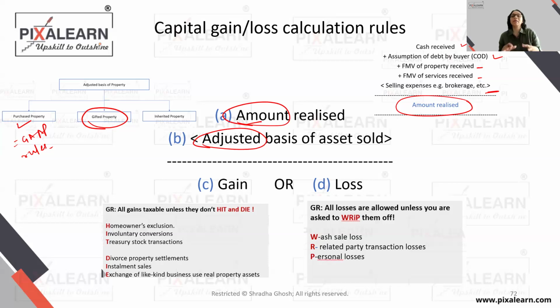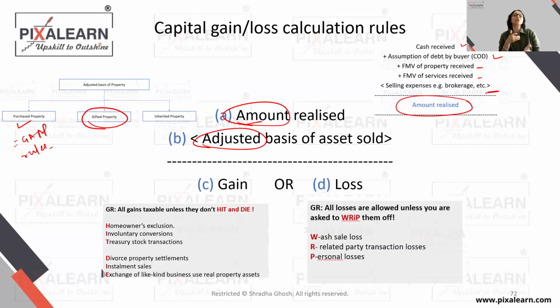They will not pay any tax on the gift that is being received. The problem happens if the gifted property value comes down at the time when the gift was made. So, general rule, gift is a non-taxable event. The value in the hands of the recipient will just be the rollover value that was there in the hands of the person who gifts, that's the donor.